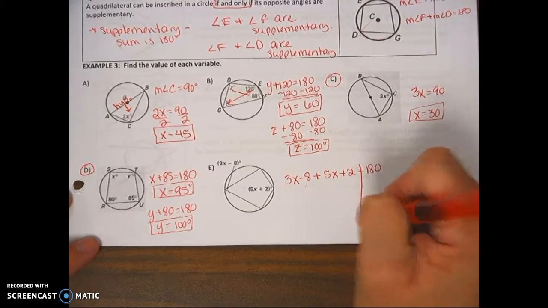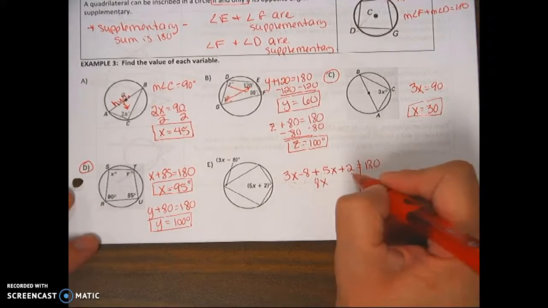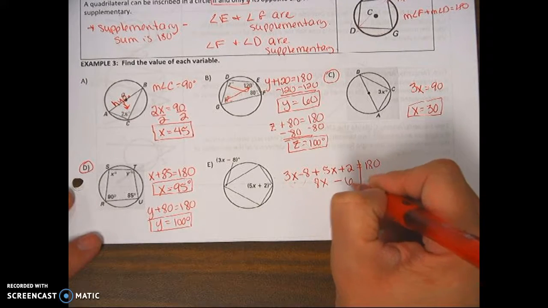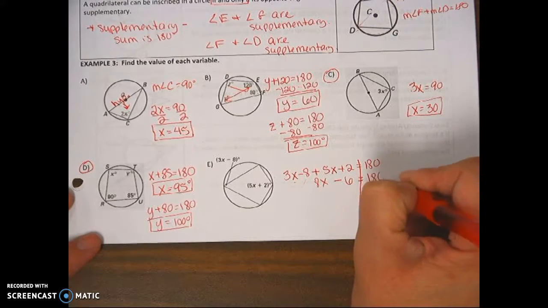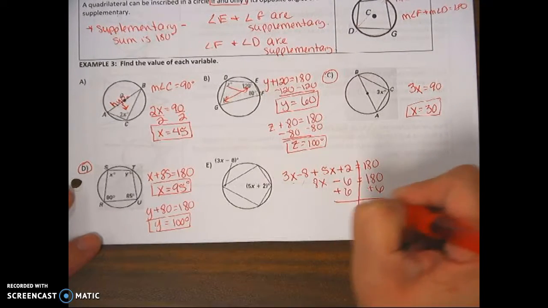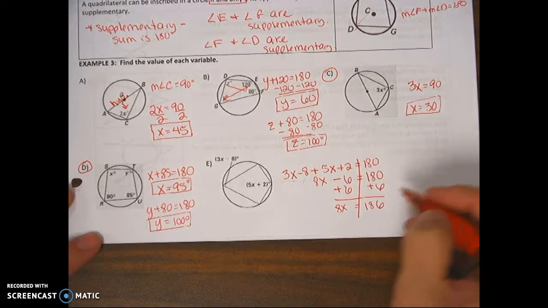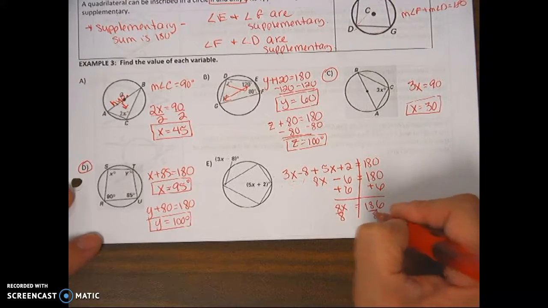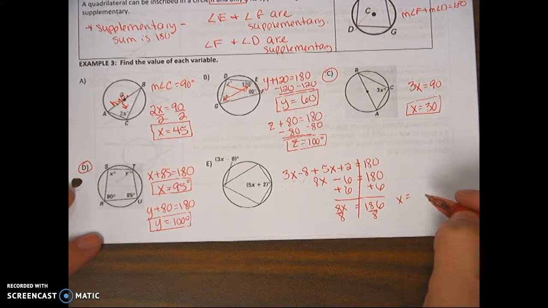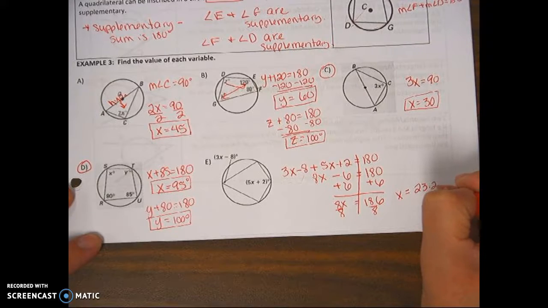I'm going to solve this multi-step equation. 3x and 5x add together to be 8x. Negative 8 and 2 add together to be negative 6. That equals 180. Add 6 to both sides. You get 8x equals 186. Then divide by 8. You get that x equals, when you divide that in your calculator, 23.25.